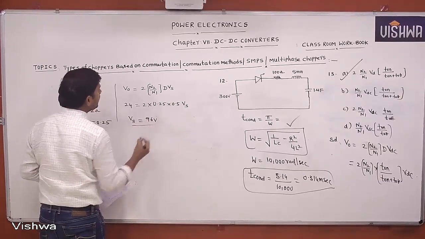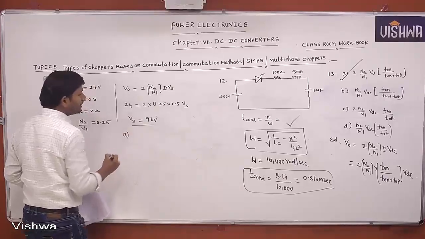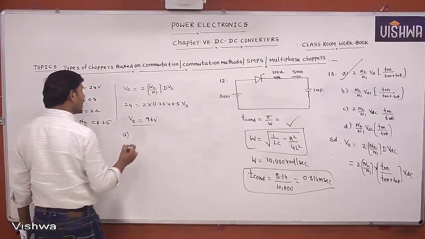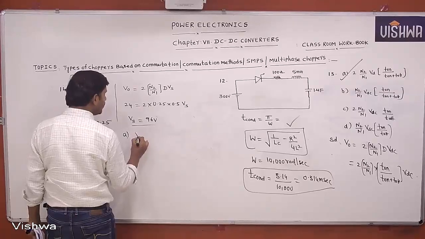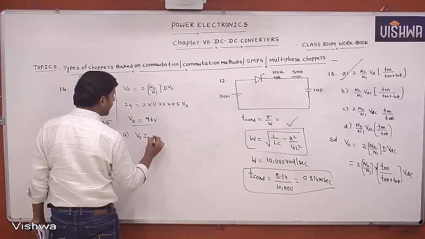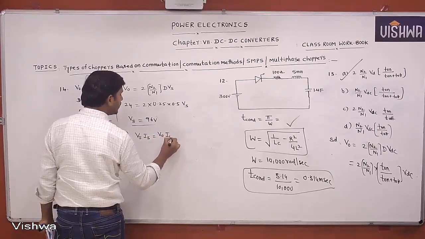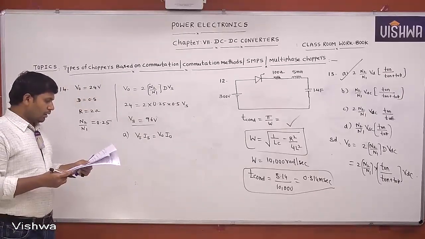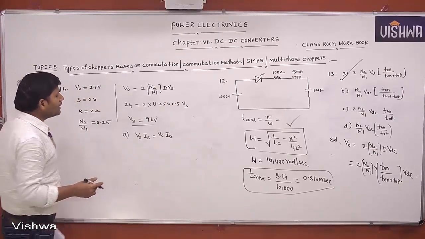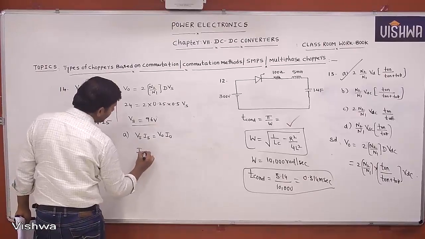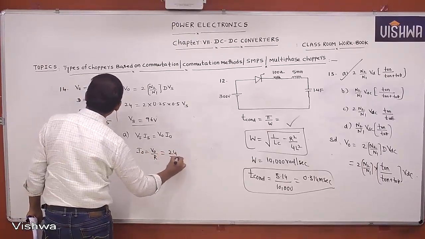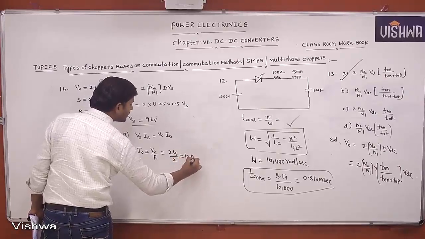Then what is the first question? You want to calculate average source current. To calculate average source current, assume that it is lossless. Input power equal to output power. Then I0 equal to V0 by R. V0 is given 24, the resistance is given 2, so 12 amperes.